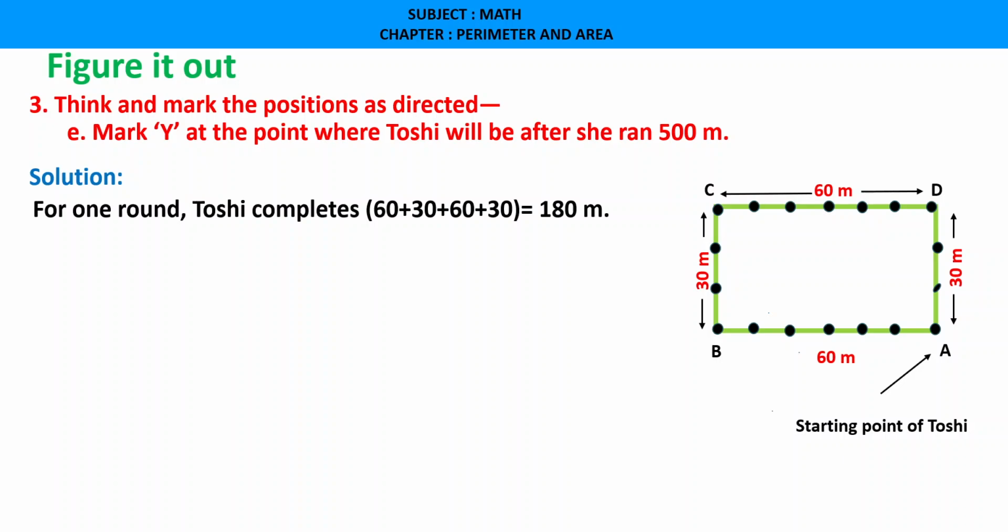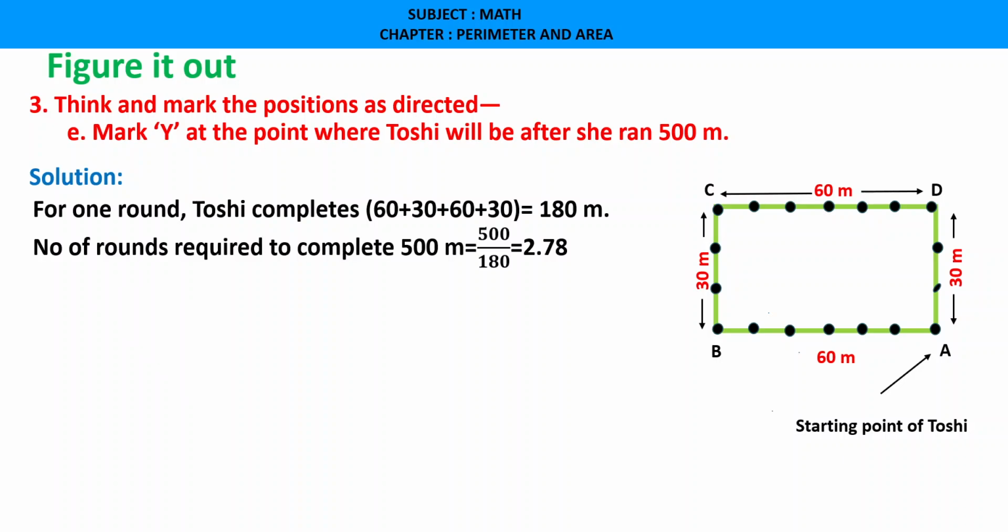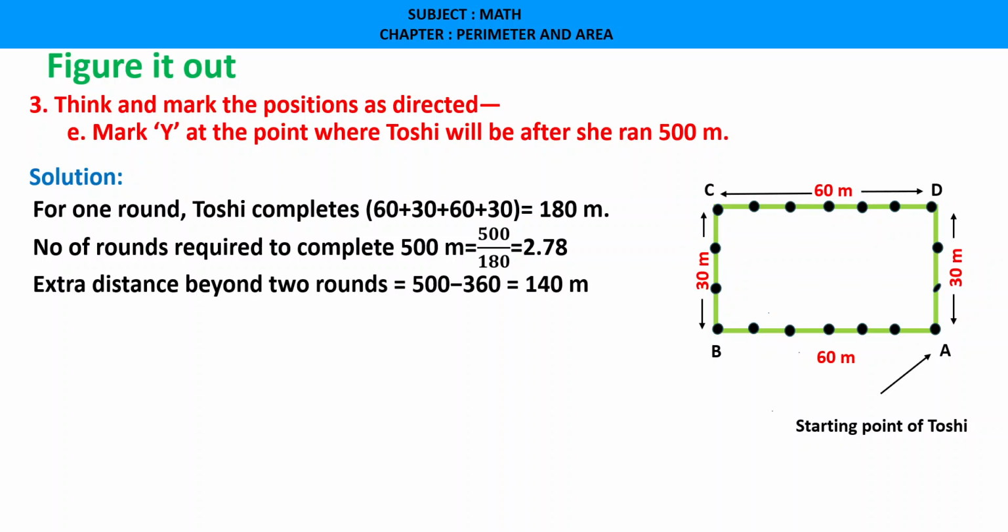For one round, Toshi completes 180 meters, nothing but the perimeter of the rectangle. The number of rounds required to complete 500 meters is 500 divided by 180, nothing but 2.78 rounds. So 2 complete rounds plus some extra distance. The extra distance beyond 2 rounds is 500 minus 360, that is 140 meters.